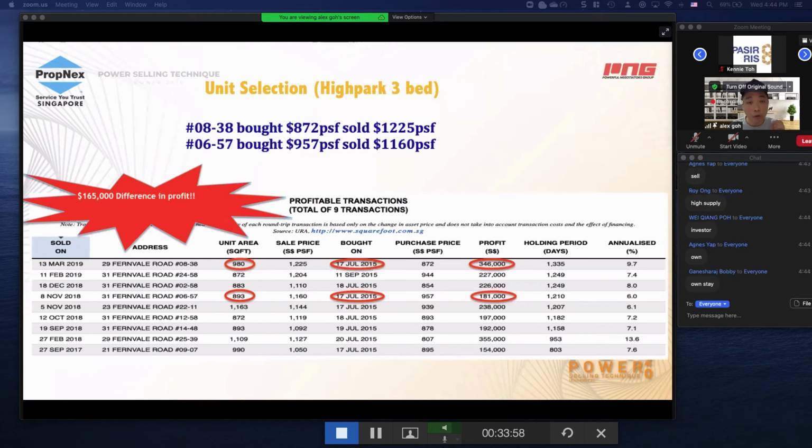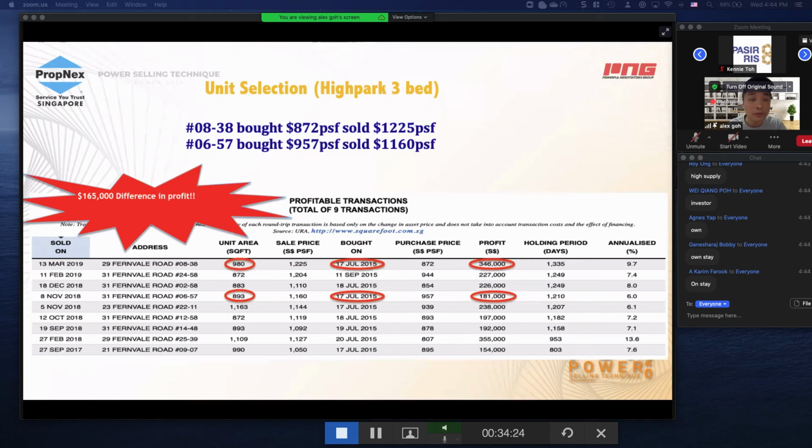980 square feet, own stay. Even if they make 300,000, let's say I want to sell. Let's say I bought with my wife. Then I tell my wife, hey, I want to sell. Usually the wife will say what? I waited 3 years to move in there, you tell me you want to sell. Can sell or not?